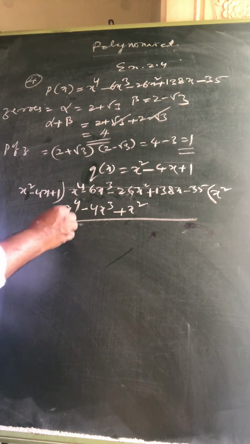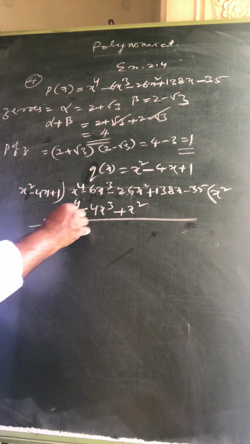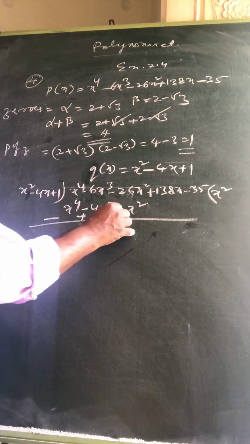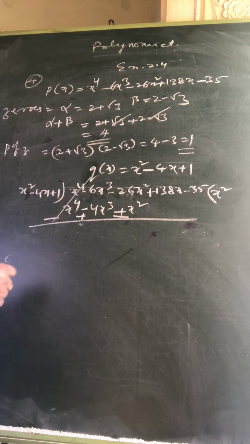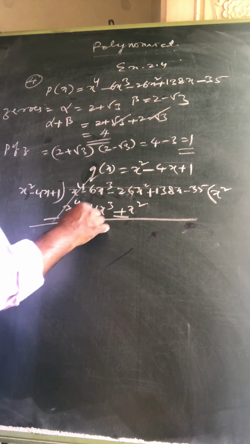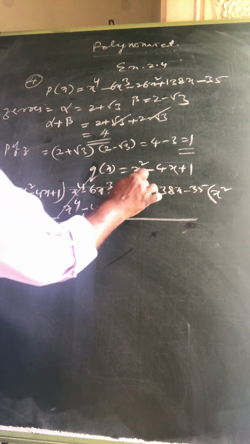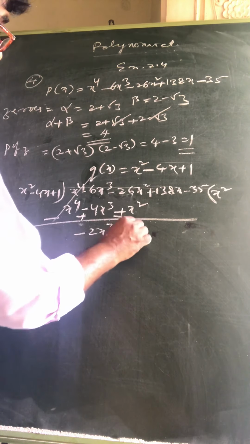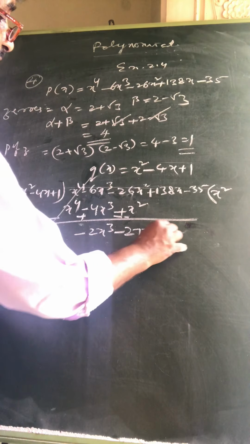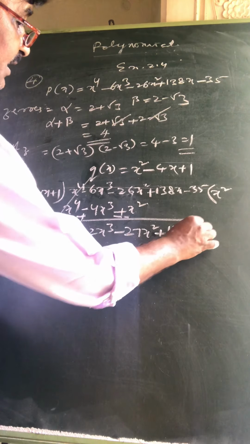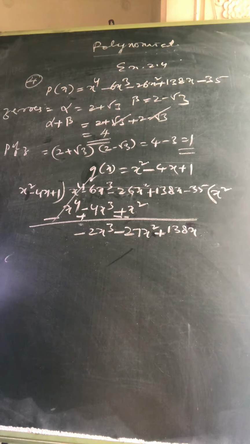Now subtract: the terms cancel, and we get minus 6x cube plus 4x cube, which is minus 2x cube, and minus 26x square minus x square, which is minus 27x square, plus 138x.